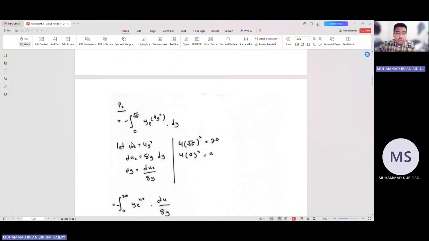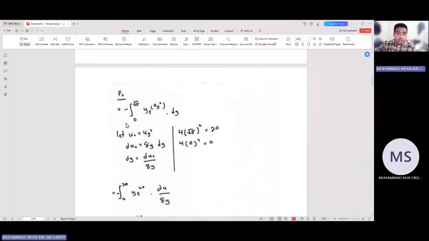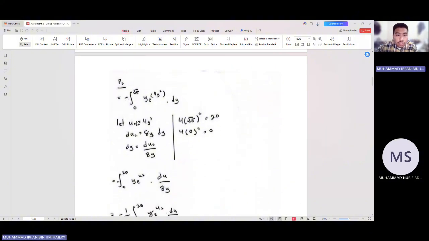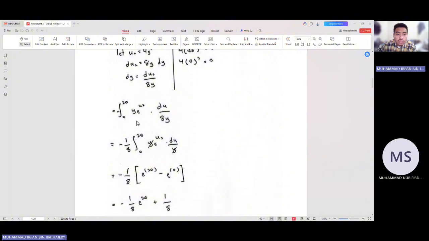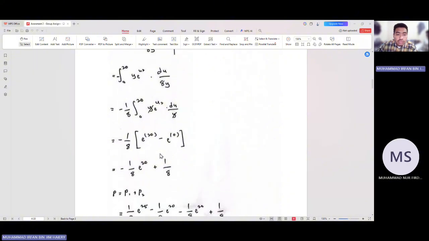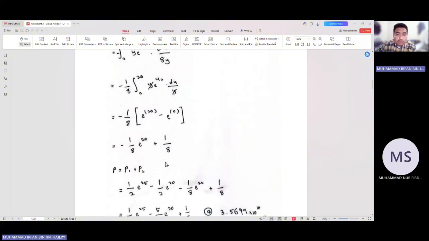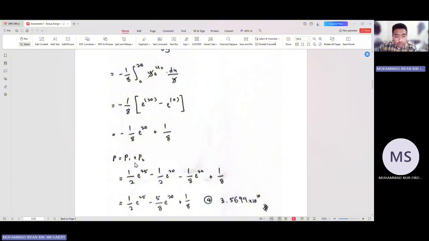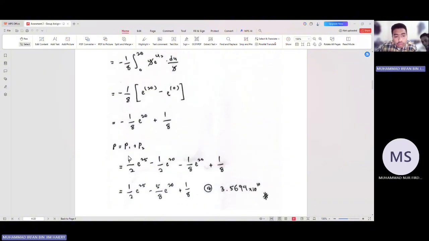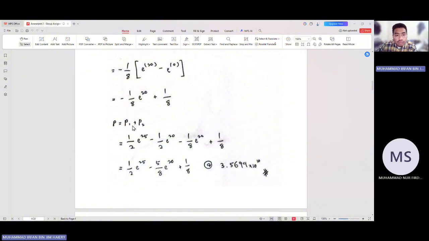Next, we go to part 2. We do the same work as part 1, and we got this answer. As we separated the equation into part 1 and part 2, we just combine them, and then we got this answer.